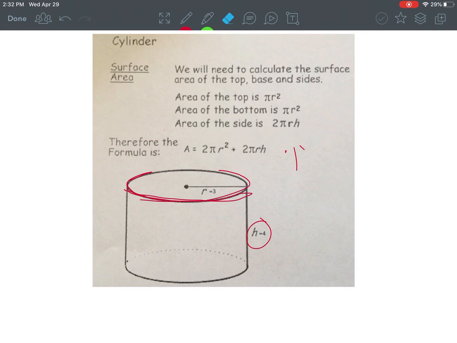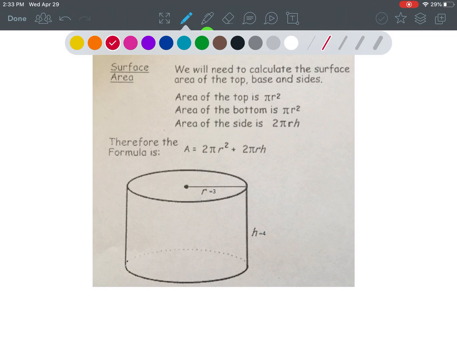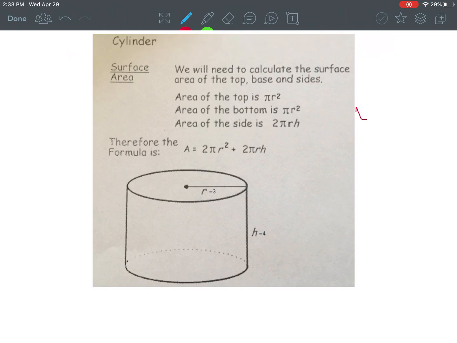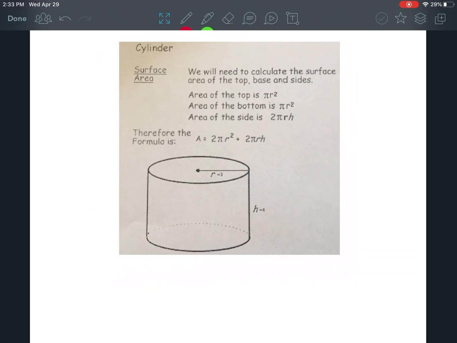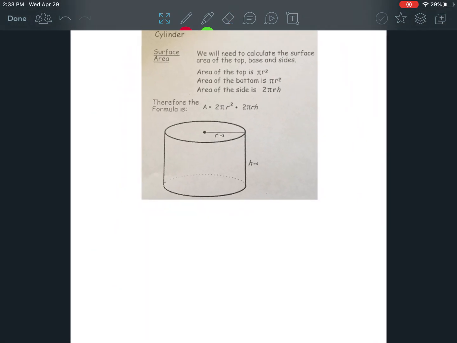All right, now let's go ahead and get to actually figuring this problem out. I'll probably use the workspace down below, so I'll zoom out a little bit. The first thing we're going to do is rewrite the formula. So this is what you do for every problem for the surface area of a cylinder.